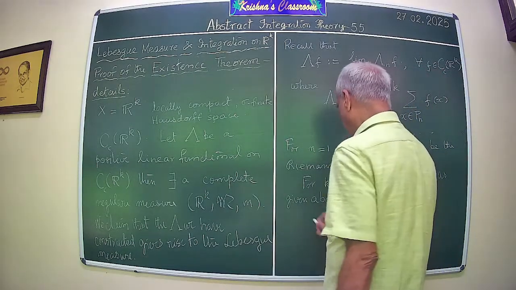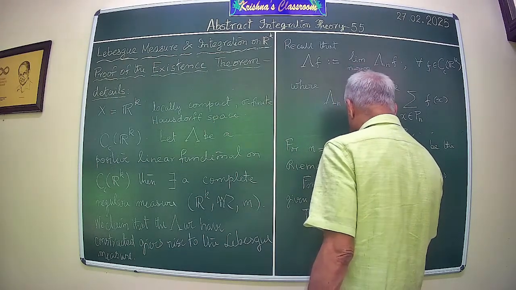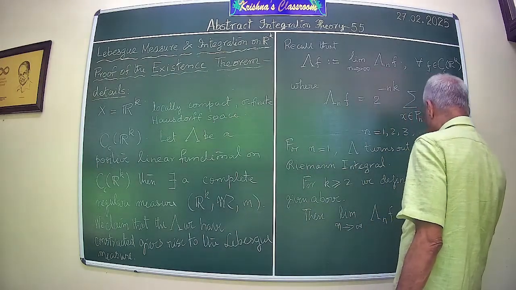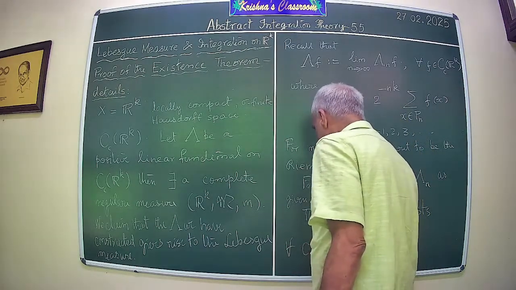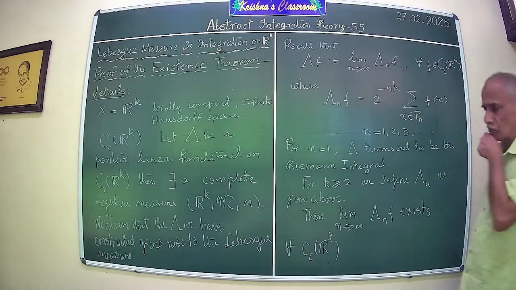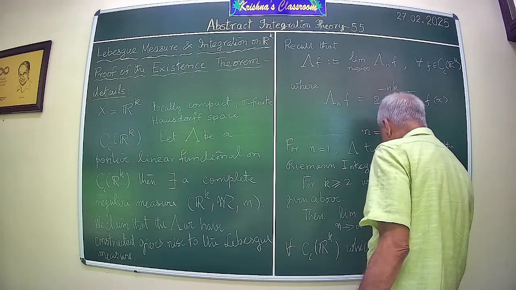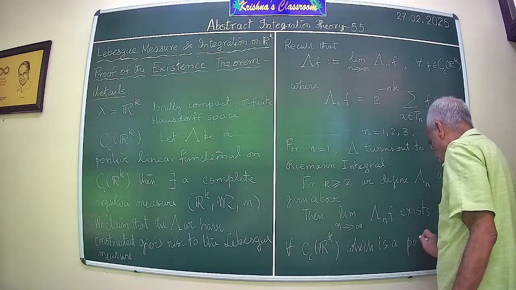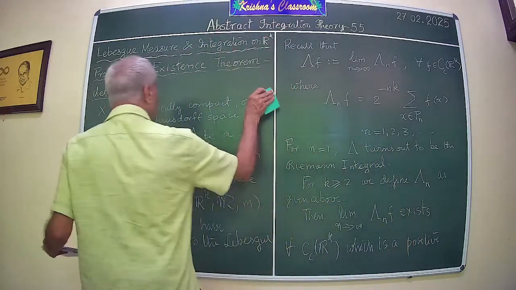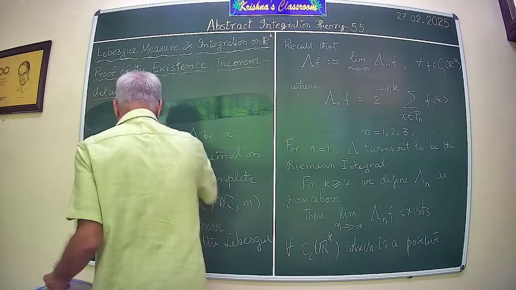Then we proved that lambda is defined on C_c(R^k), with compact support, and which is a positive linear functional on C_c(R^k).